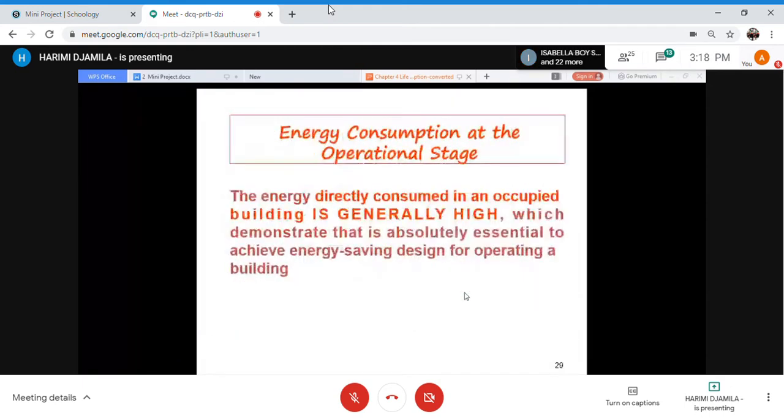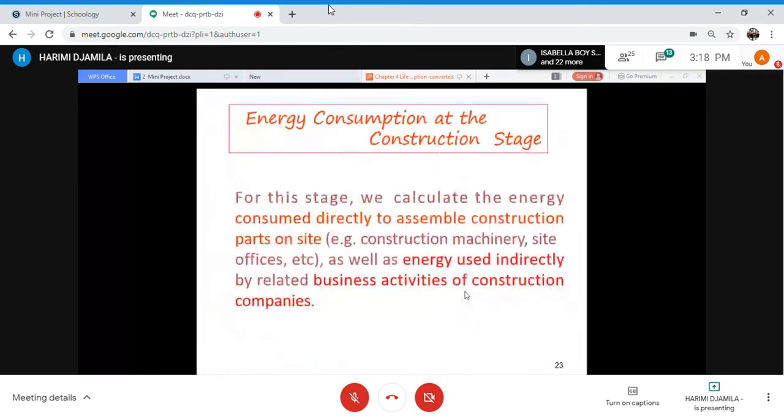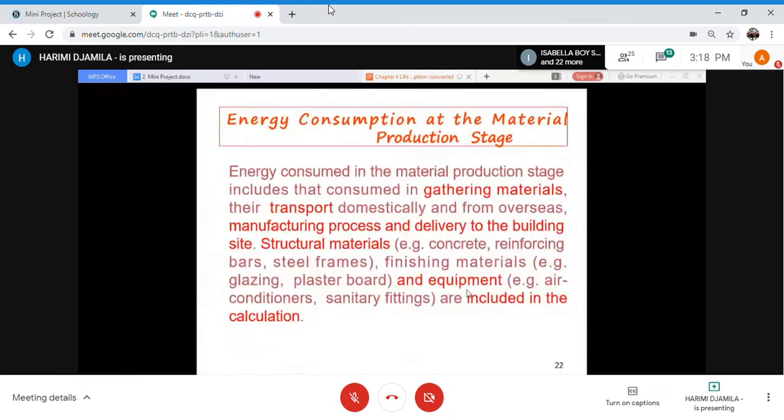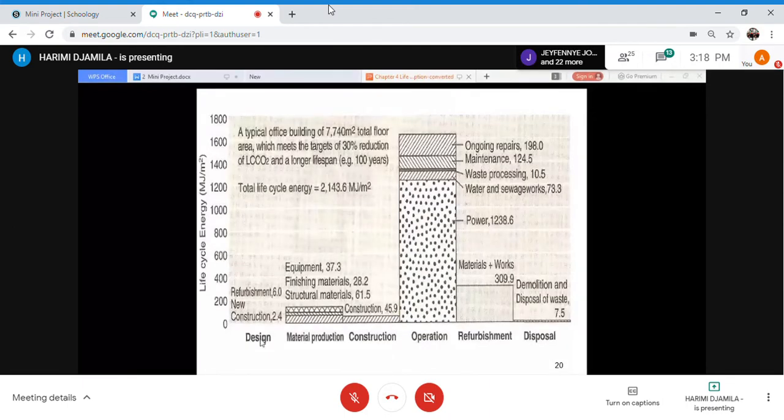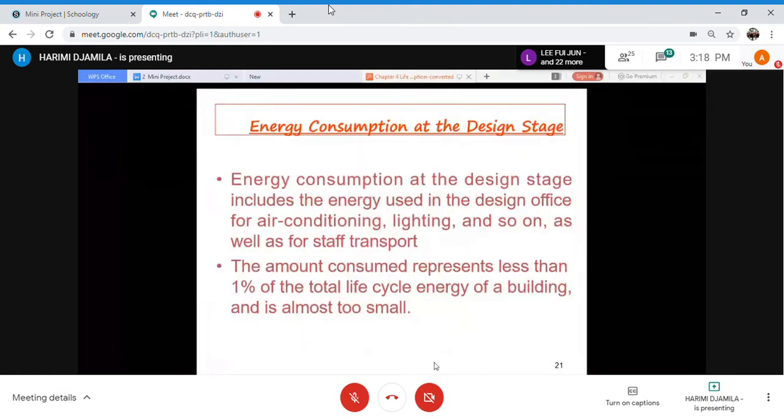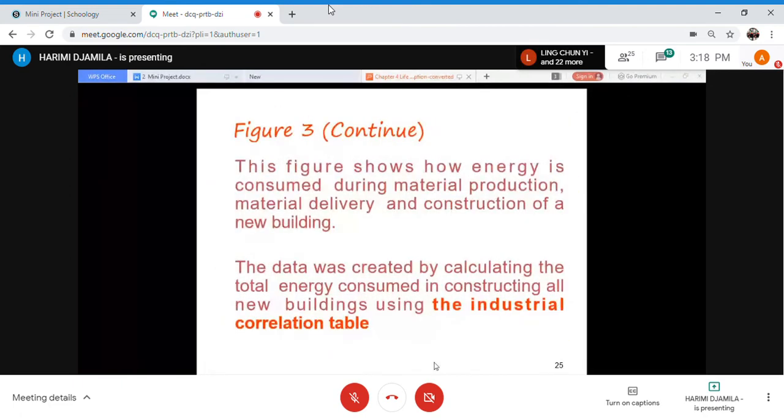Again, we return back to the stages: design stage, material stage, construction stage, operational stage, refurbishment stage, and finally, the disposal stage.